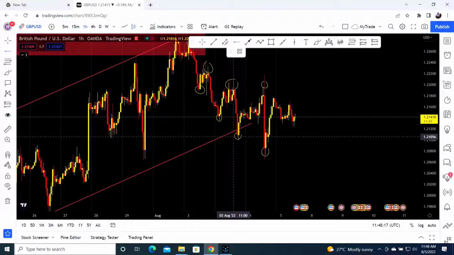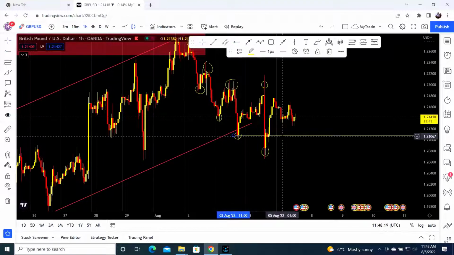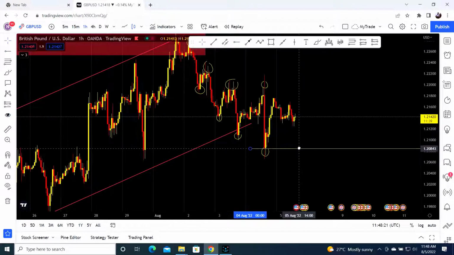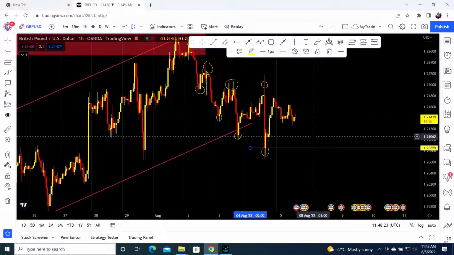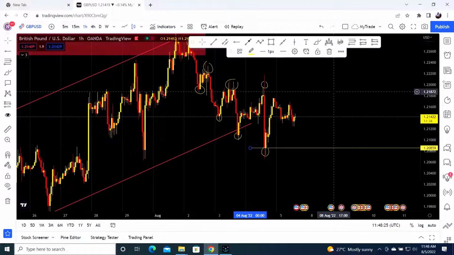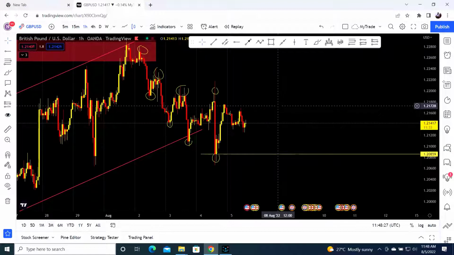So this was the low that was broken. Now, there is the next low that we have to break. To find the lows, I most of the time use the candle bodies, not the wicks. The low that has to be broken, I use the candle bodies, and the candle body must also break that low.